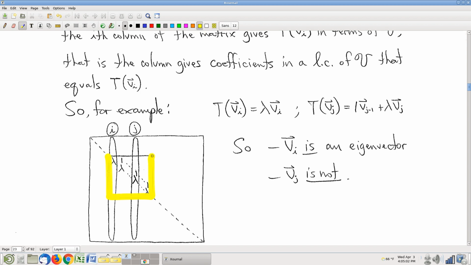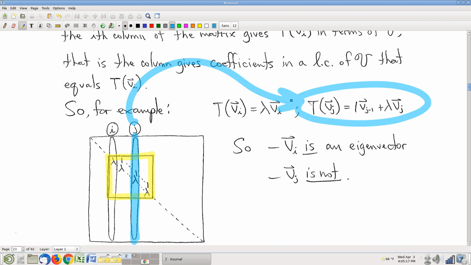Reminder, here's our basic Jordan block. Let's look now at this column. Let's say that's the jth column. That's telling us about the image of Vj. What numbers do I have in that jth column? Well, it's mostly zeros, of course.